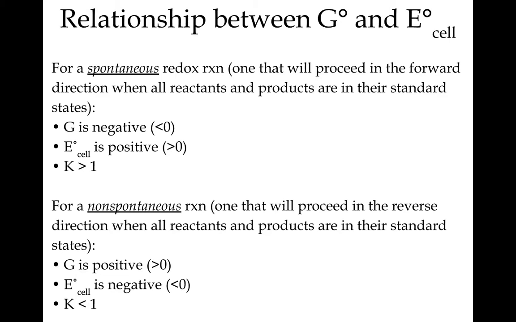When these reactions are non-spontaneous, they proceed in the reverse direction, toward the more reactant-favored side. That is basically the reciprocal of a spontaneous redox, where delta G is now positive, and cell potential and K both drop, below 0 for the cell potential, and below 1 for K.